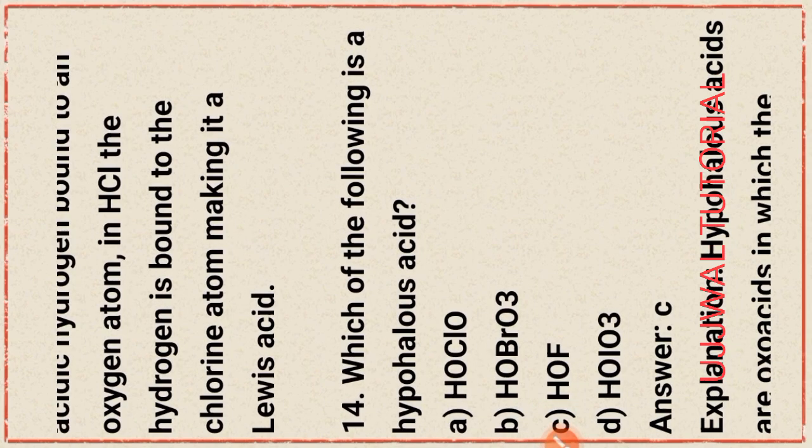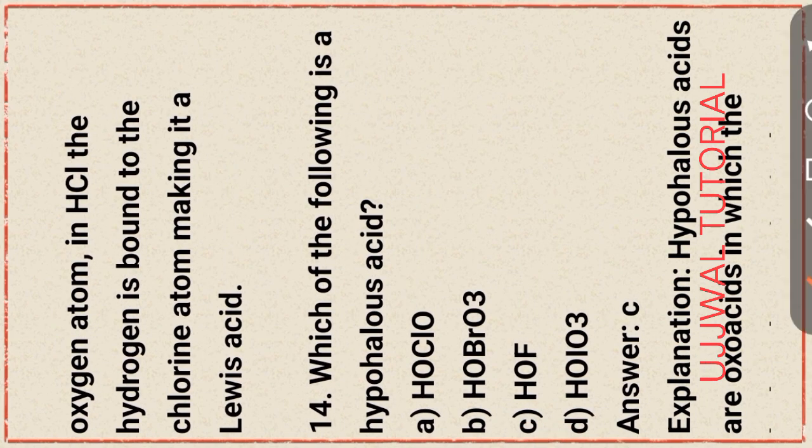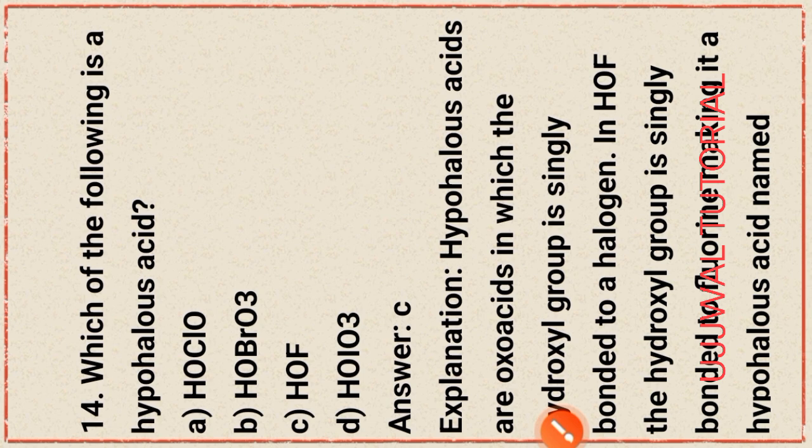Next question, question number 14. Which of the following is a hypohalous acid? That is option C, HOF. Explanation for this part: hypohalous acids are oxo acids in which the hydroxyl group is singly bonded to a halogen.